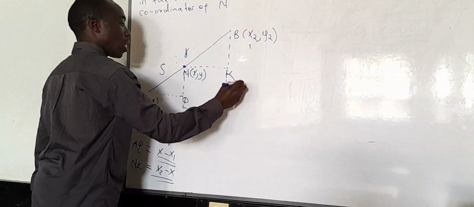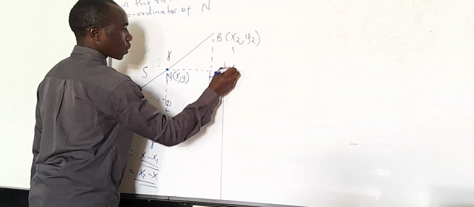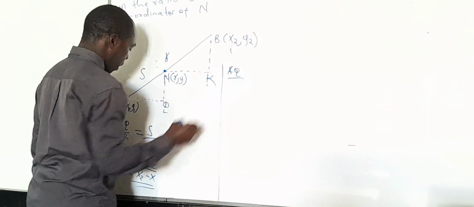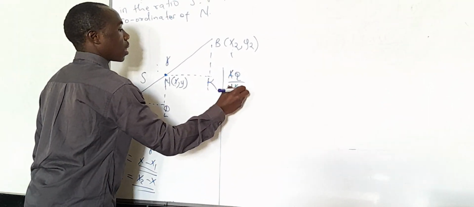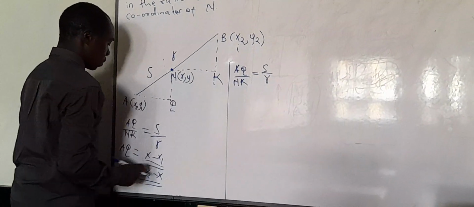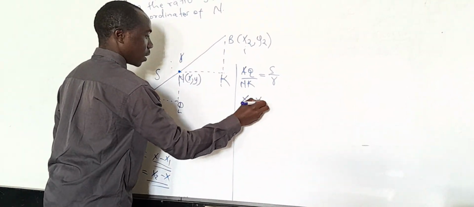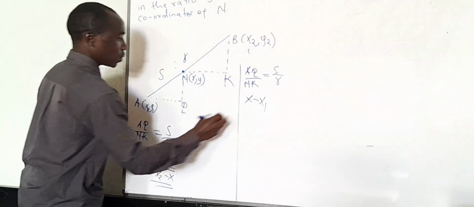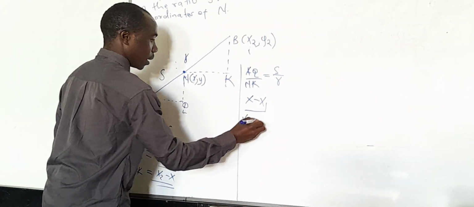Now these two values should be equal to the ratio which we've been given. So AQ divided by NK should be equal to S over R, but AQ is equal to x minus x1, and NK is equal to x2 minus x.